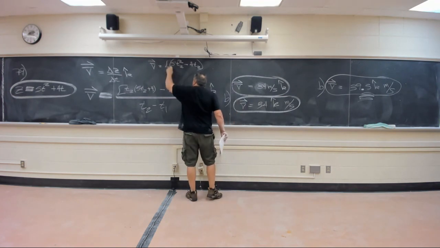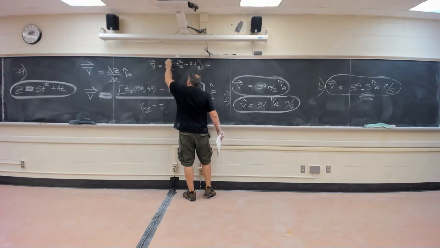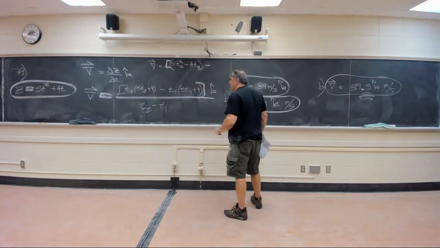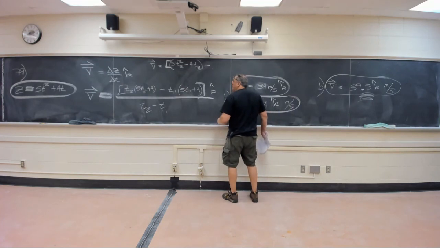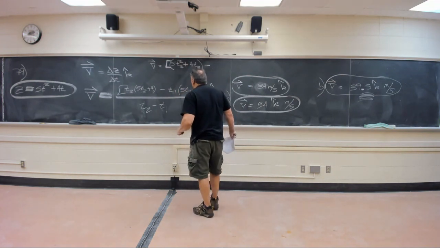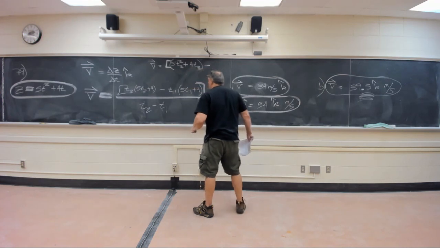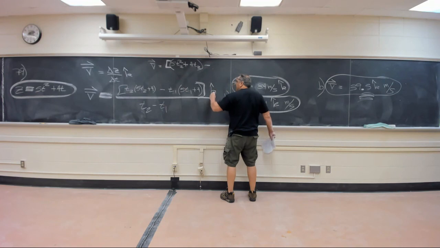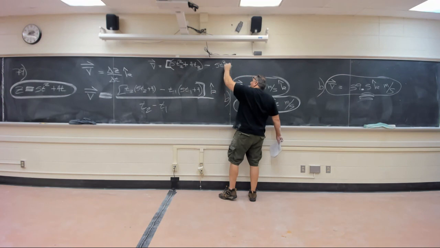You got this minus 5t2 squared plus 4t2. Is that a 4? I'm sorry. Yeah. Plus 5t2 squared plus 4t2 minus 5t1 squared plus 4t1. Probably a more logical way to write it.